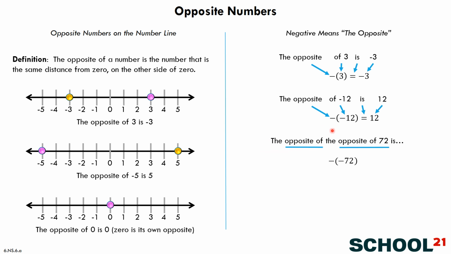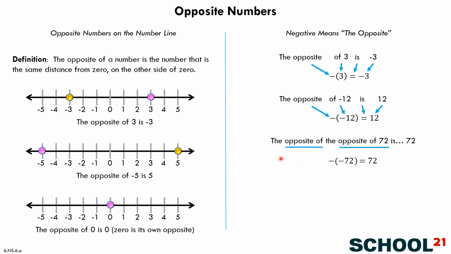A negative with the parentheses around, just like we did with the negative 12 up here. So then we have the opposite of 72. What's that going to equal then? 72. Right. So now we can complete that statement.